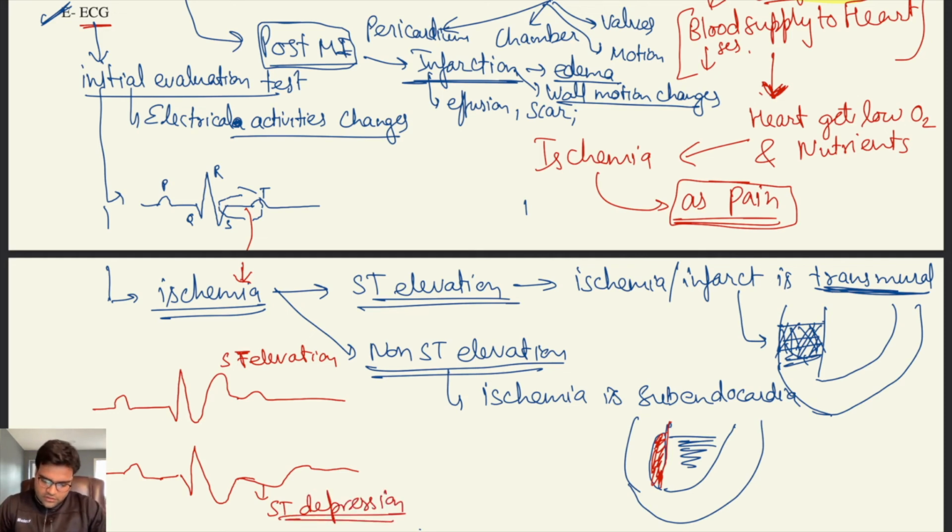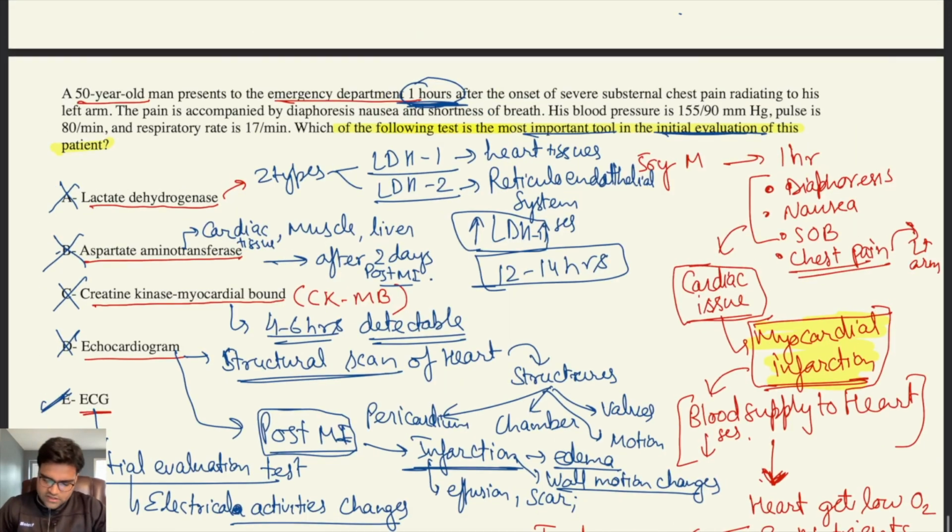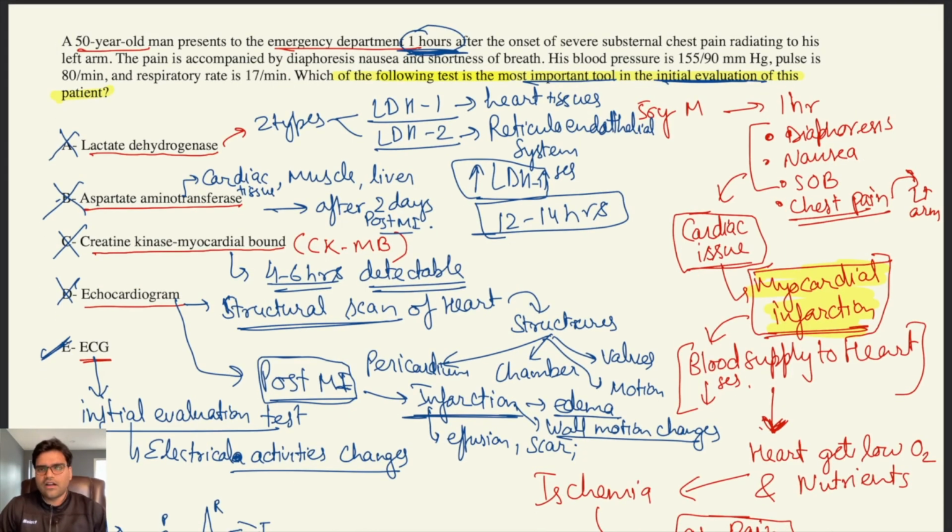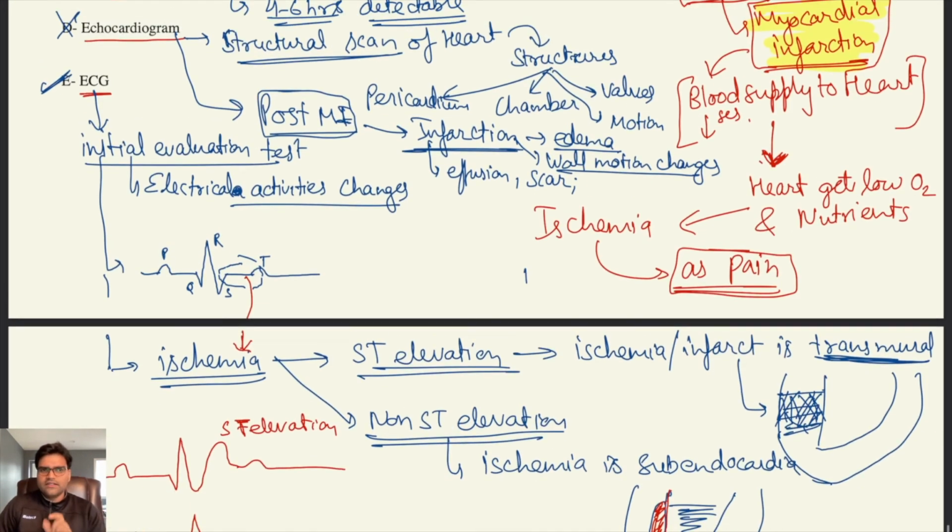So now we come to the conclusion. If a person comes in the initial stages with chest pain, nausea, and chest pain radiating to the arm, we suspect myocardial infarction or myocardial ischemia, and the initial test should be ECG.